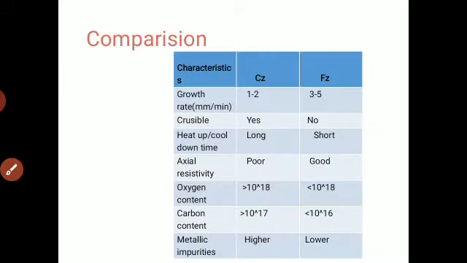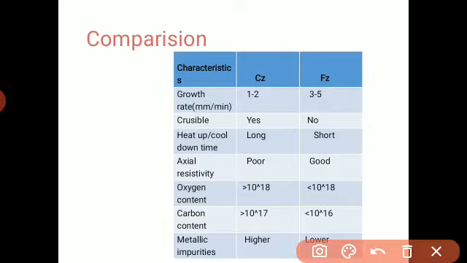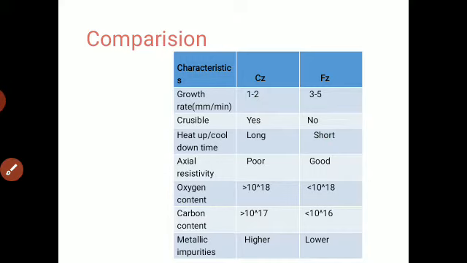So let's see the comparison table between the CZ method and FZ method. The growth rate of the CZ method is 1 to 2 mm per minute and the FZ method is 3 to 5 mm per minute. A crucible is used in the CZ method but not in the FZ method. The heat up and cool down time is longer in the CZ method but lesser in the FZ method. The important point here is the axial resistivity.